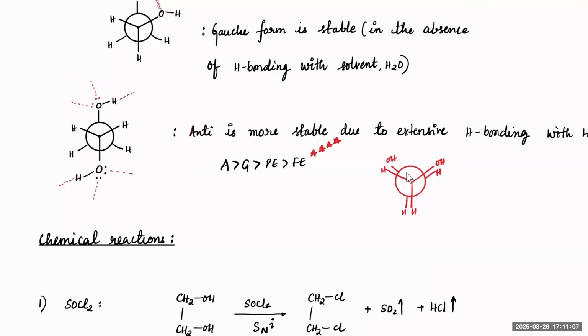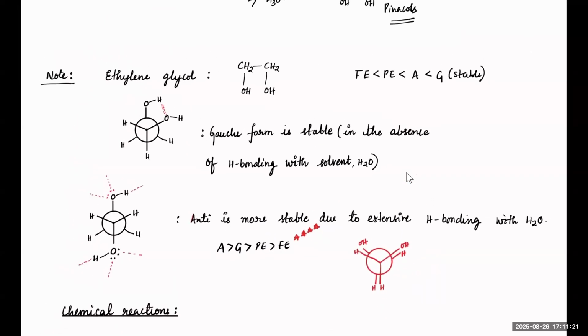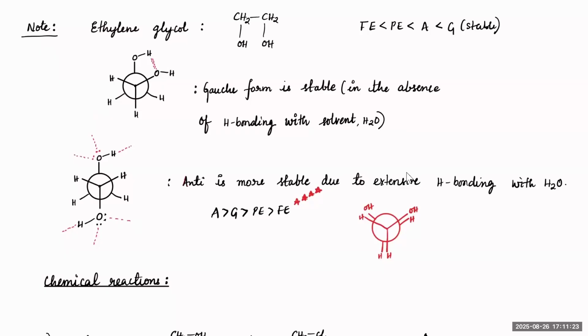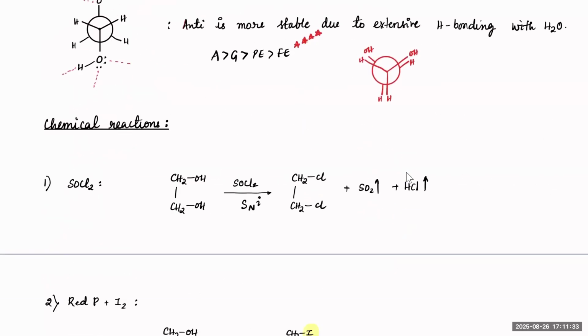So it does not depend upon gauche form. The anti will show much more hydrogen bonding with the solvent itself. Therefore, in that case, anti will be more stable than gauche, then partially eclipsed, then fully eclipsed. So these are the forms you will notice from glycol. These are the isomerism based things which you need to know from glycol, about conformations.